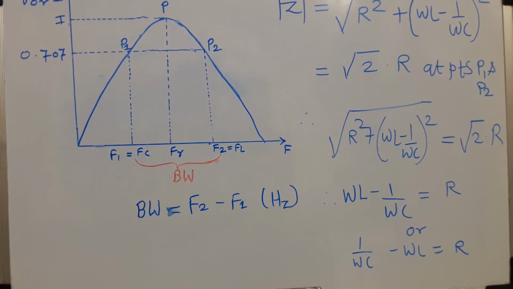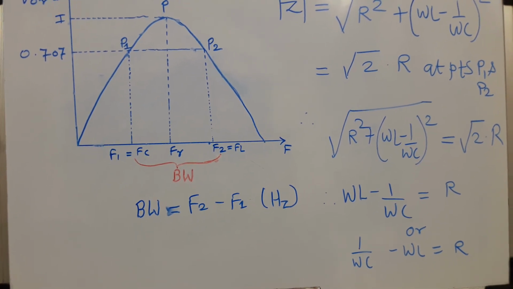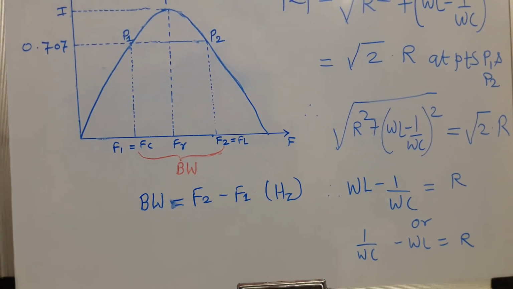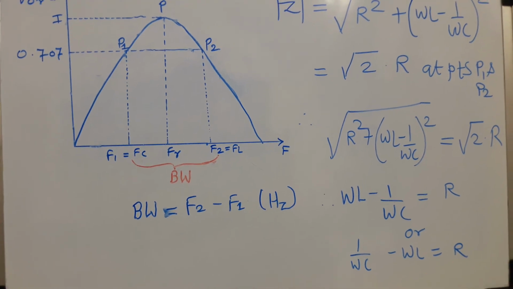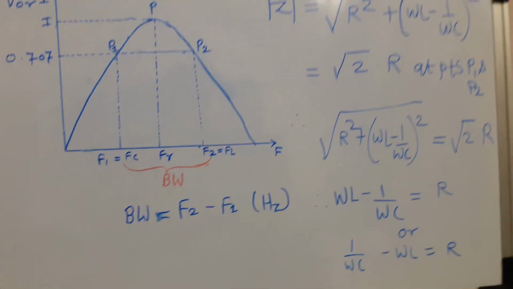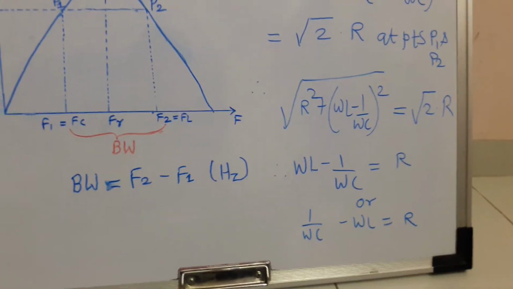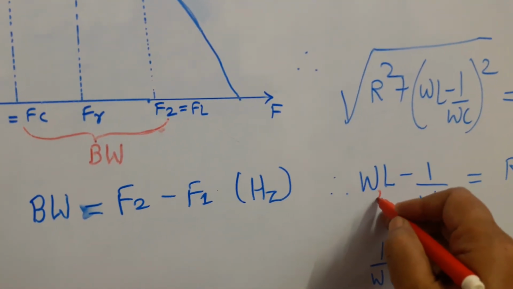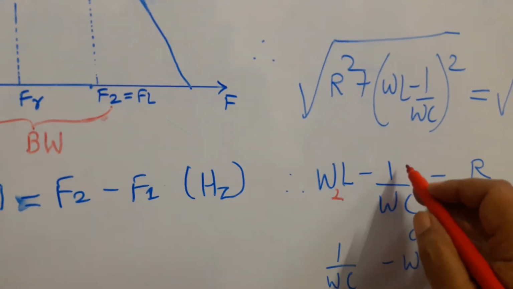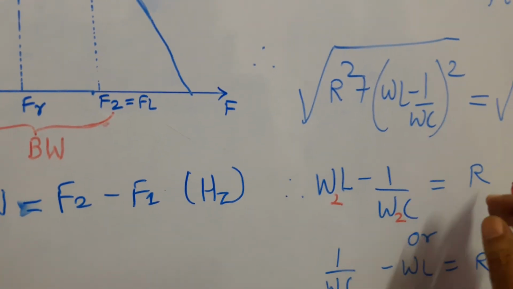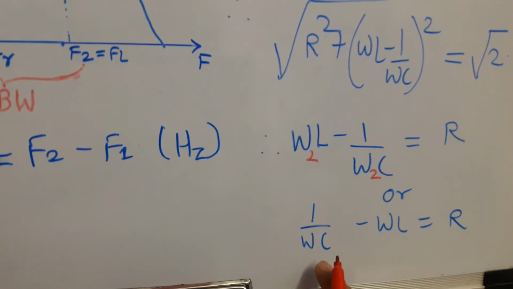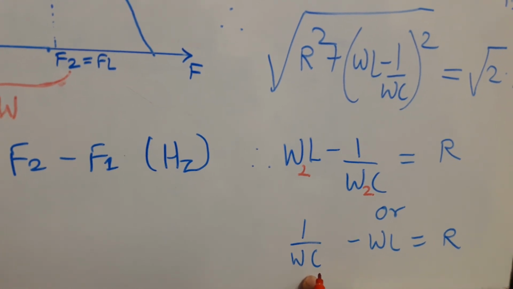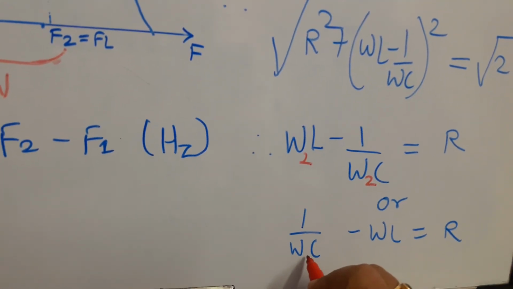We can attach suffix 1 and 2 here. For the first expression, that is omega L minus 1 upon omega C is equal to R, this occurs on the right hand side of resonant frequency because inductive reactance is more. So we can write omega 2 L minus 1 upon omega 2 C is equal to R. Before resonant frequency, impedance is totally capacitive because capacitive reactance is more at lower frequencies.